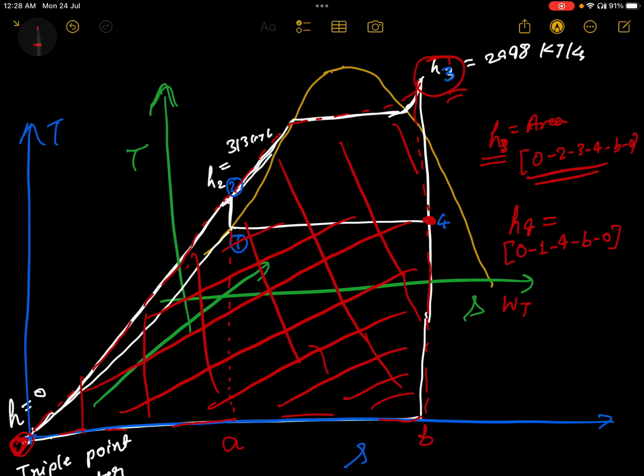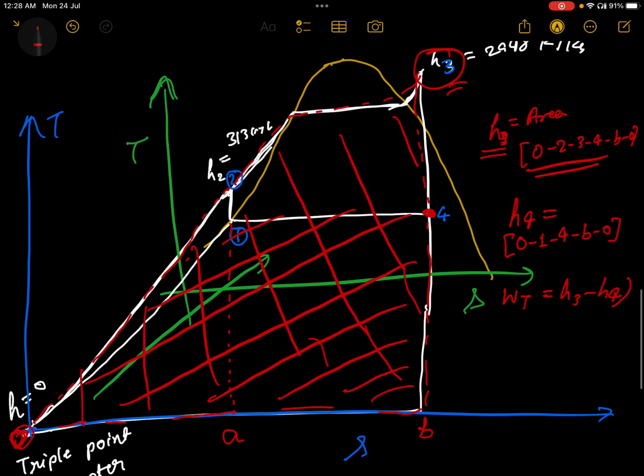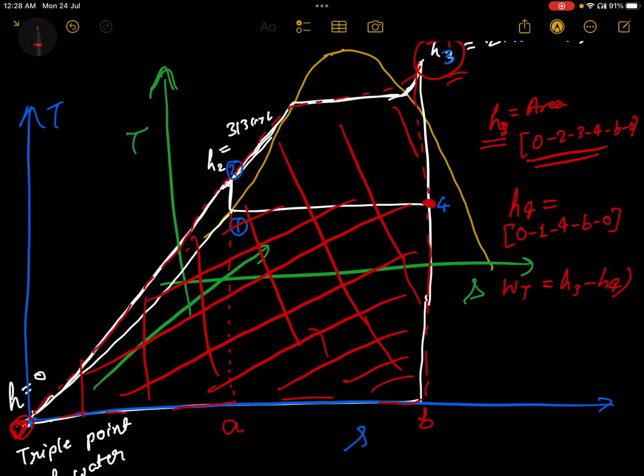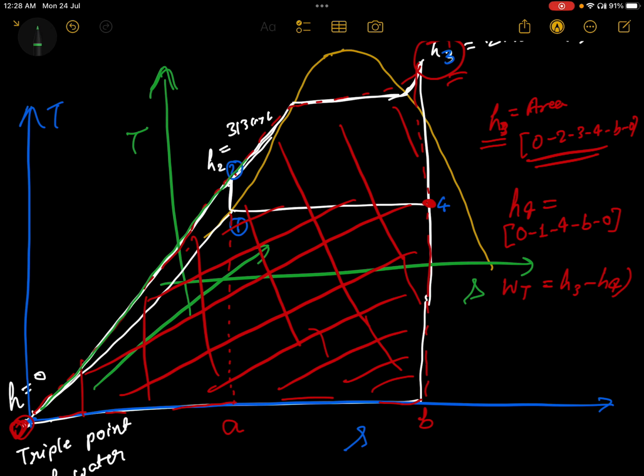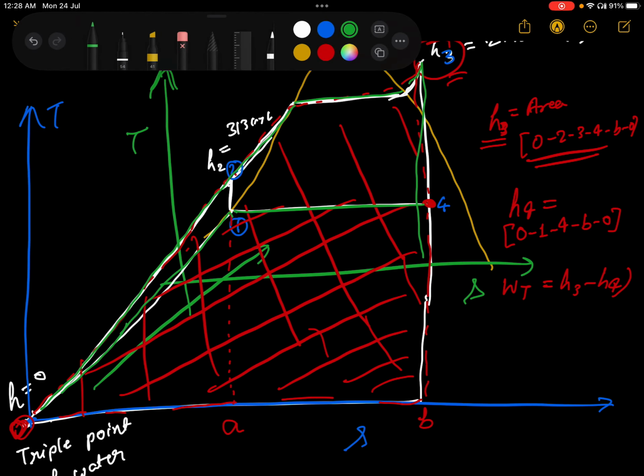So what is the turbine work? That is H3 minus H4. Just subtract H3 minus H4, then you will get this portion. I'll color it.